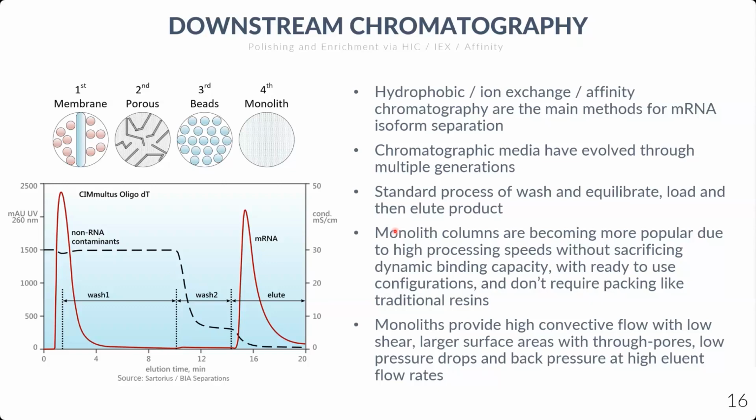So prior generations, beads and porous solid chromatographic supports, the thing they suffer from is similar to the back pressure situation I alluded to on the ultrafiltration side, but for different reasons. As you load up the column, these solid supports don't allow very high throughput, high flow rates.